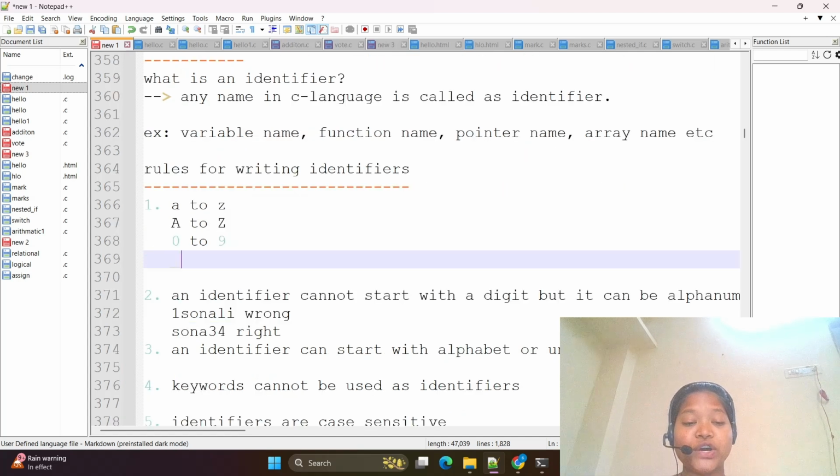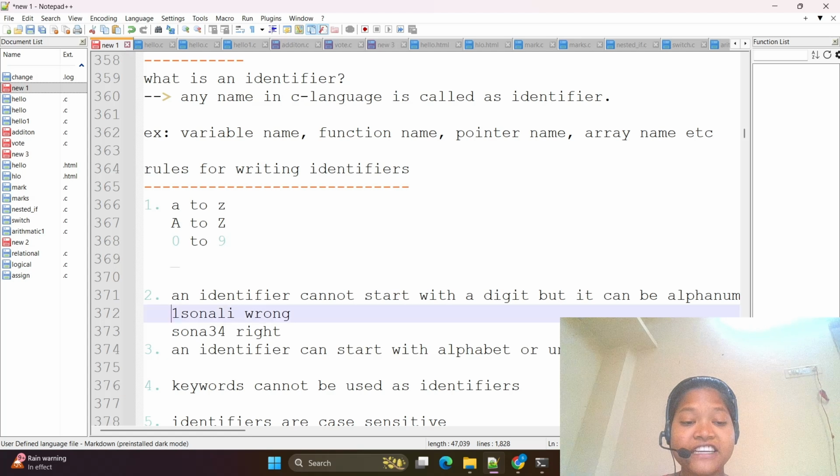Then the second rule. An identifier cannot start with a digit, but it can be alphanumeric. See, we can't start the name of the identifier like this. Here we are starting this Sonali name with the number 1. It's wrong, it's not allowed, it's beyond the rule.